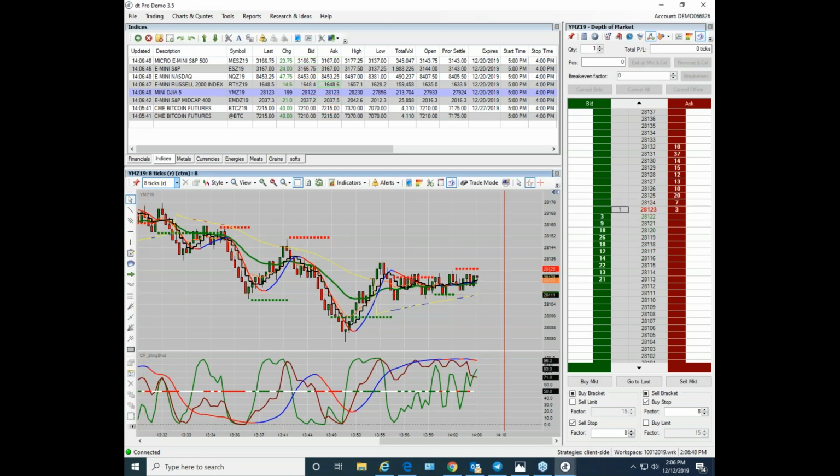The only thing that changes, if you're going to do that, is you're going to change your stop losses. They have to be commensurate to the time frame you're on or the scale you're on. So if we're on an 8-tick range chart, your factor should read 16. 2 candles, 16.